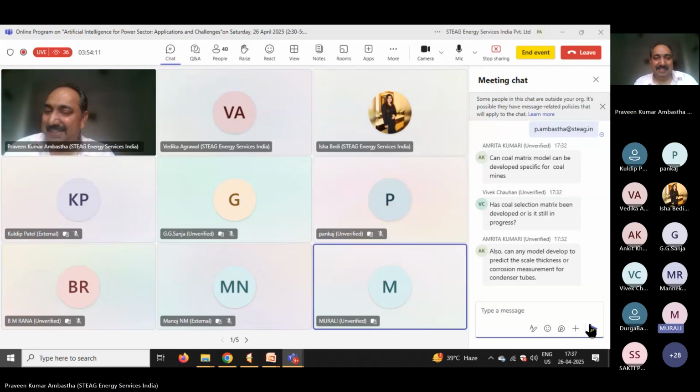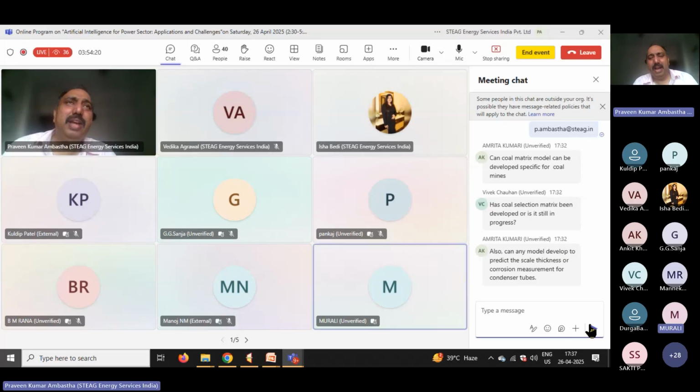Dr. Vedika Agarwal. For the online measurement of GCV, do you have any particular instrument make? Actually, sir, we have the digital twin that I have shown you. In the digital twin also, we have developed one module to calculate the GCV of the coal, because for calculating the GCV of the coal, one thing is that we require the coal flow. You must have a coal flow measurement.